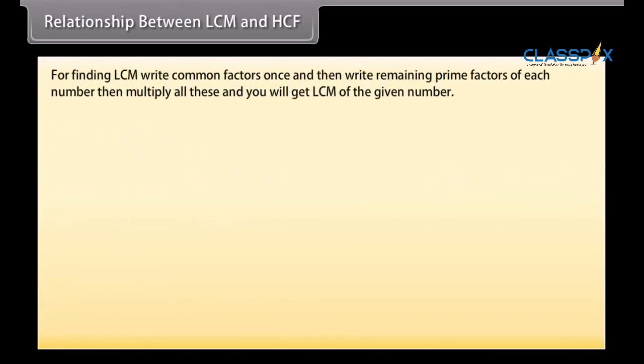For finding LCM, write common factors once and then write remaining prime factors of each number. Then multiply all these and you will get the LCM of the given numbers. 510 is equal to 2 × 3 × 5 × 17. 276 is equal to 2 × 2 × 3 × 23.